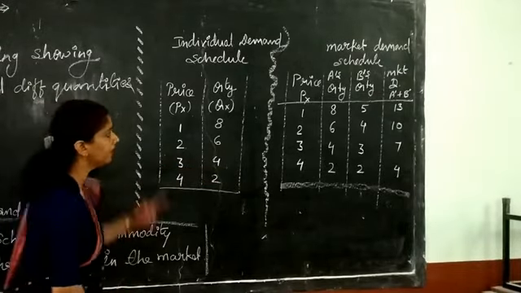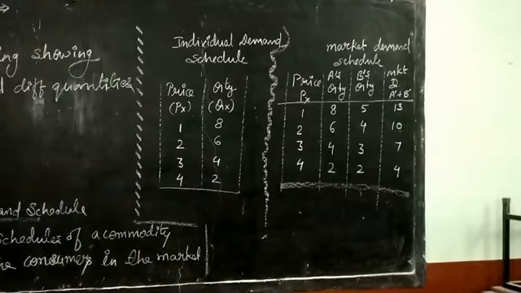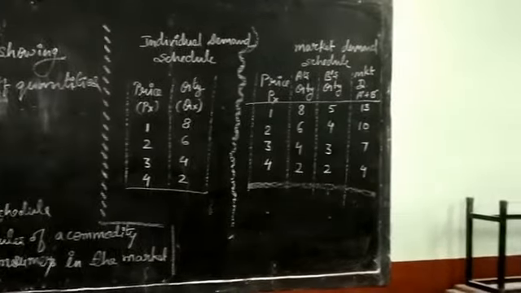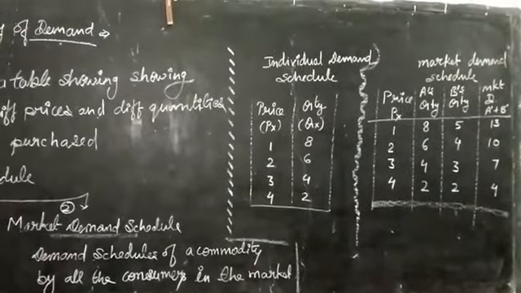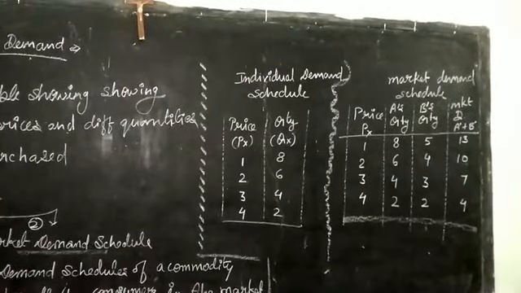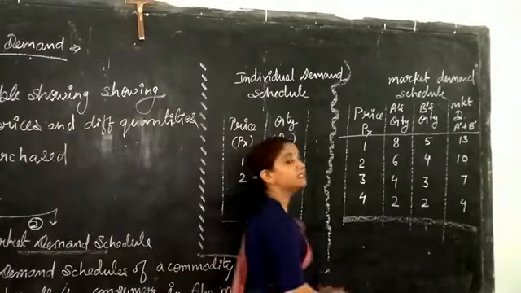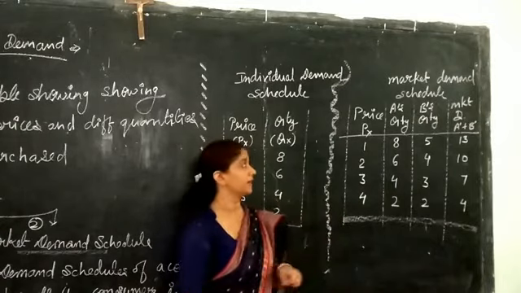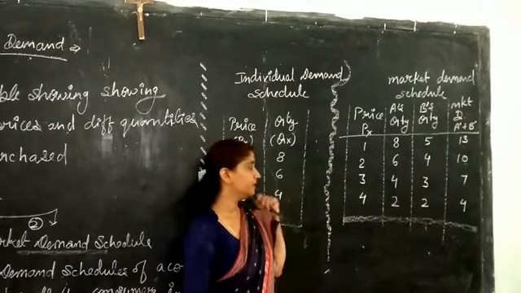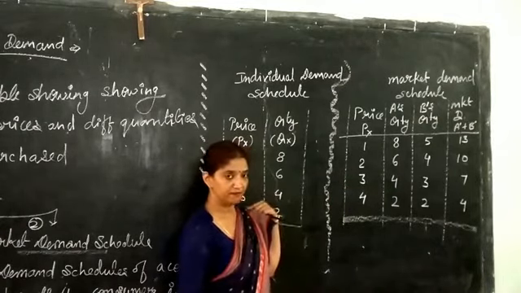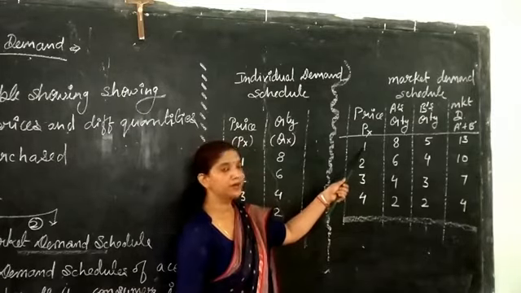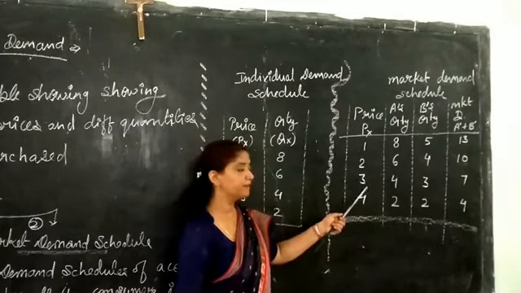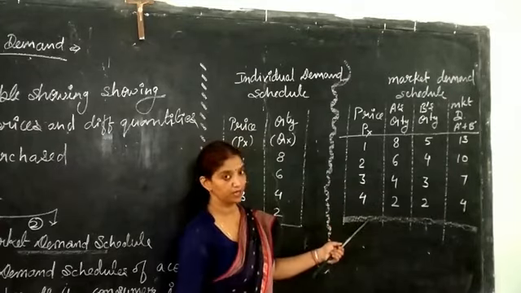And what is market demand? Assume that there are two consumers or two buyers in the economy, and these buyers are purchasing the same commodity X. The prices I have taken the same as before: rupees 1, rupees 2, rupees 3 and rupees 4 per unit.